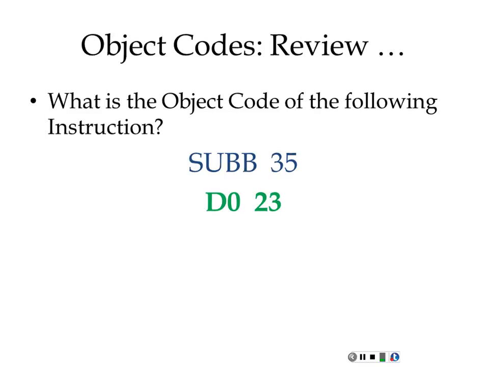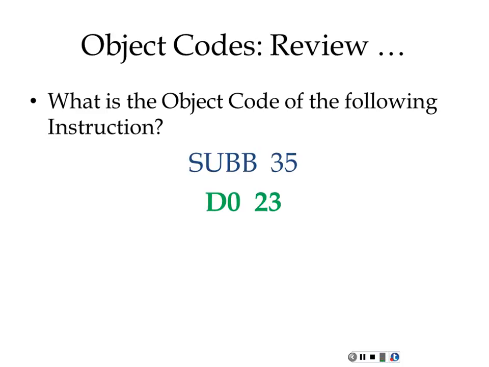Since there is no $ sign, it is decimal. Now, when you write anything in object code, you must write it in hex. That's why we converted 35 into hex, and we got 23. So 23 is the hex of 35.